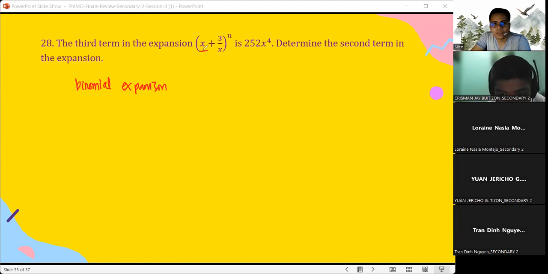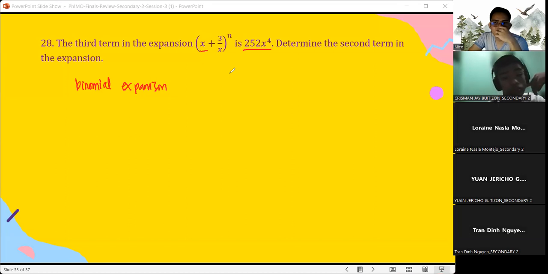But you need to focus only on the exponent of x, because this is 252x to the 4.